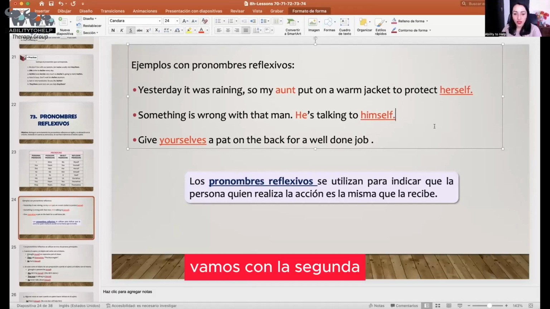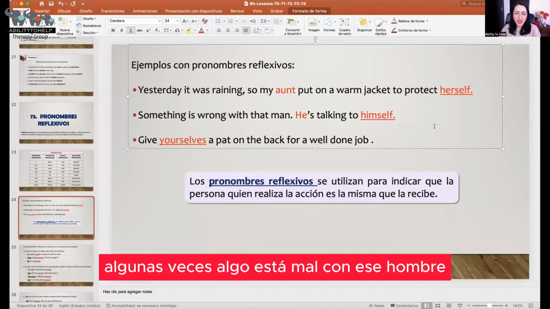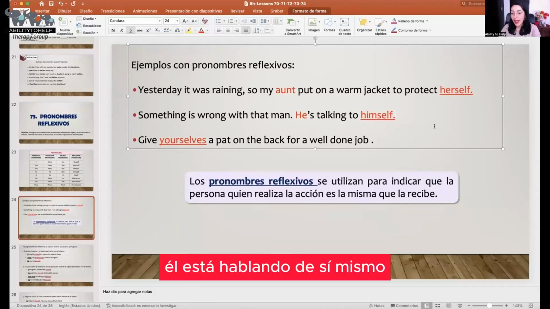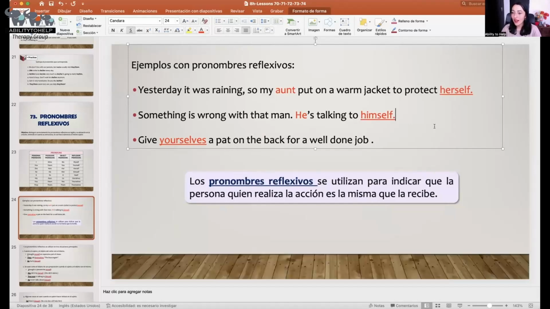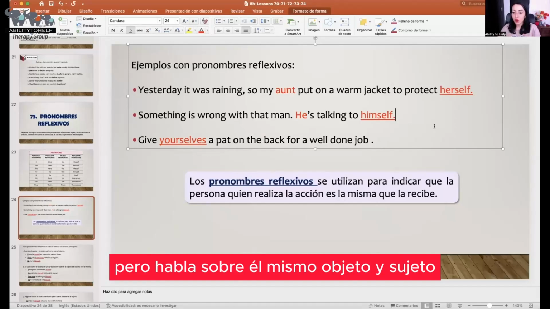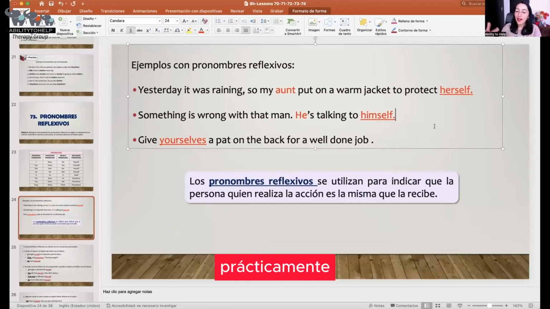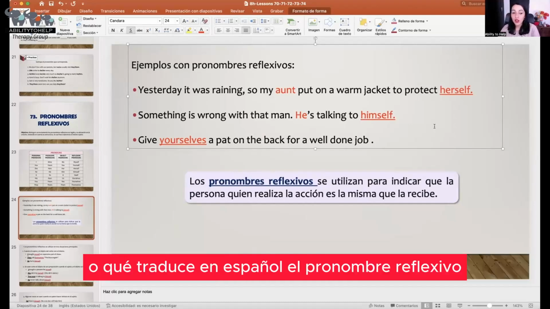Vamos con la segunda. Sometimes it's wrong with that man. Algunas veces algo está mal con ese hombre. Él está hablando de sí mismo. O sea, él es el que realiza la acción, que es hablar, pero habla sobre él mismo. Objeto y sujeto. Prácticamente, ¿qué te puedo decir que significa o que traduce en español el pronombre reflexivo?